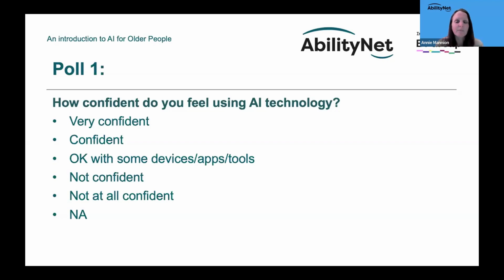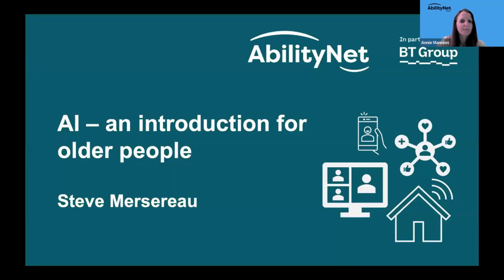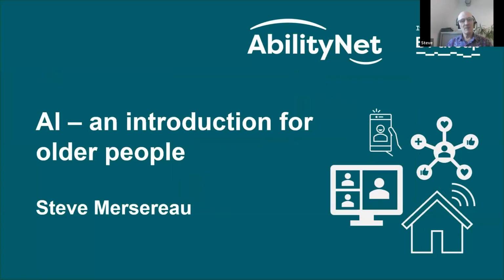So at the moment, nobody's clicked very confident. So hopefully we'll be able to share some really good advice with you today. Just closing the poll now. And please, over to Steve for some great advice about using AI more on a daily basis. So thank you very much.